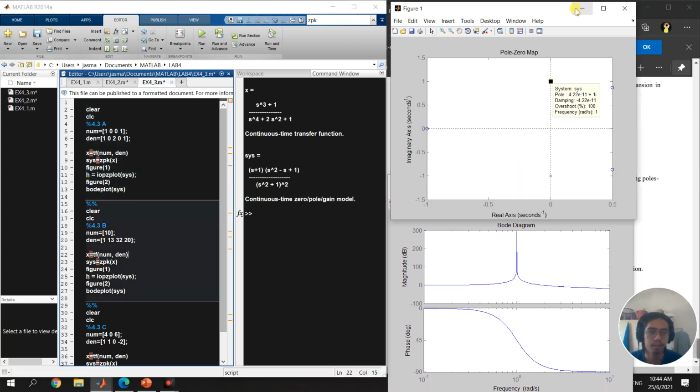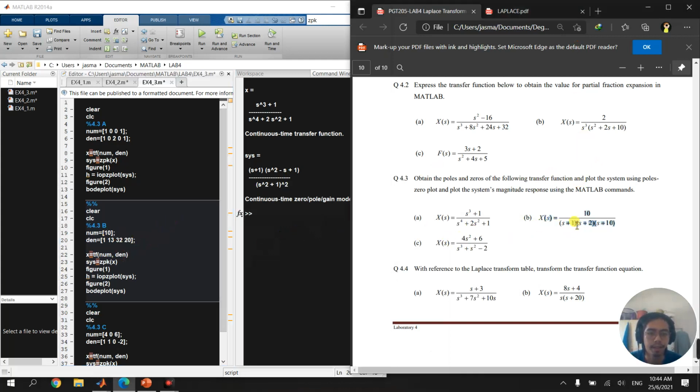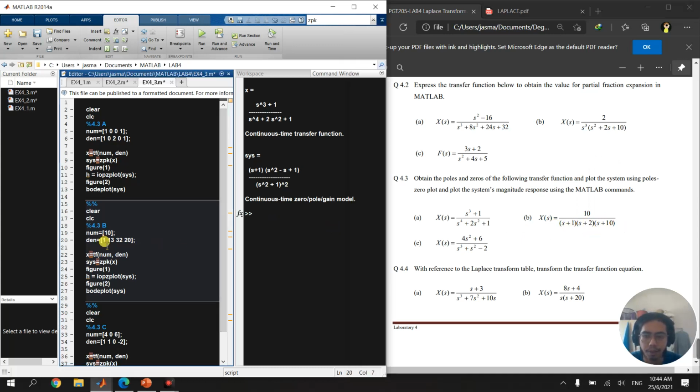Okay, question B. So we repeat the same step, but for this one I already did the calculation, which is why we need to combine all of these brackets into one, which will give s to the power of 3, 13s squared, 32s, and 20.